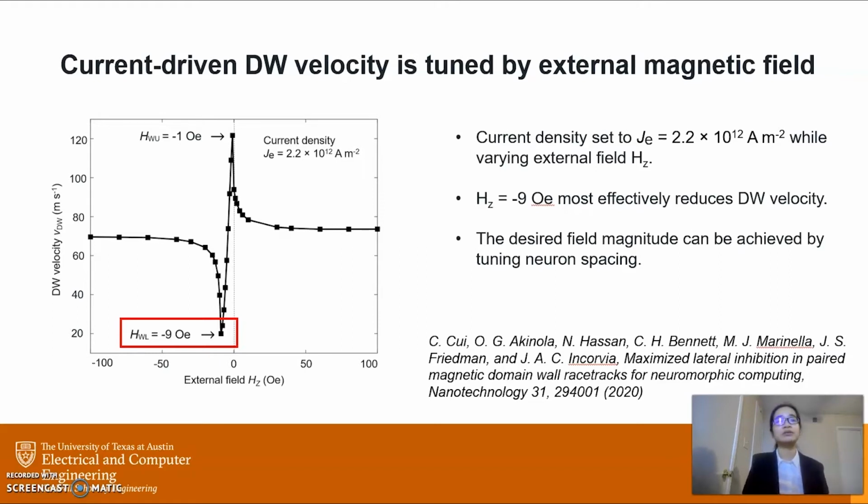Eventually we obtain the velocity versus field relation as shown in this graph. We can see that an external field of -9 Oe will most effectively reduce the domain wall velocity. Suppose such a field is actually coming from the neighboring neuron. We can achieve such a field by choosing the correct neuron spacing.